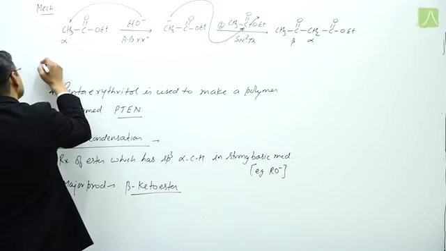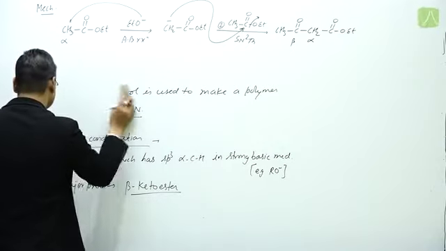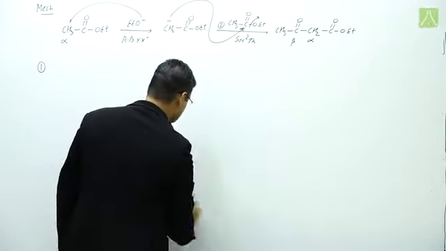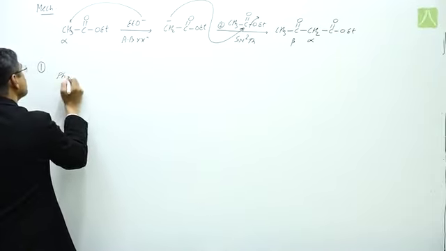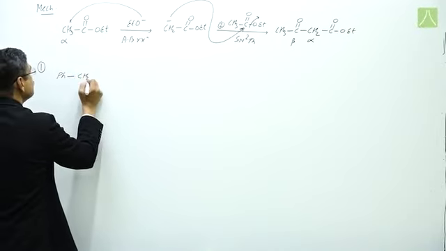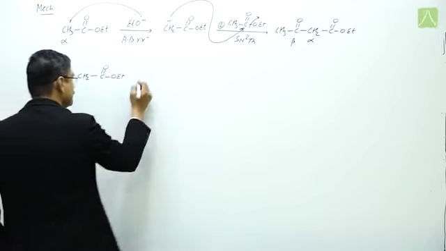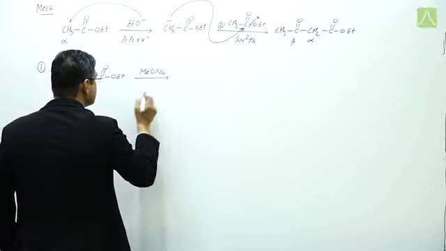Now, for practice, I write a few questions. Suppose first, suppose this is a question, PhCH2COEt in presence of MeONa. This is a strong base.